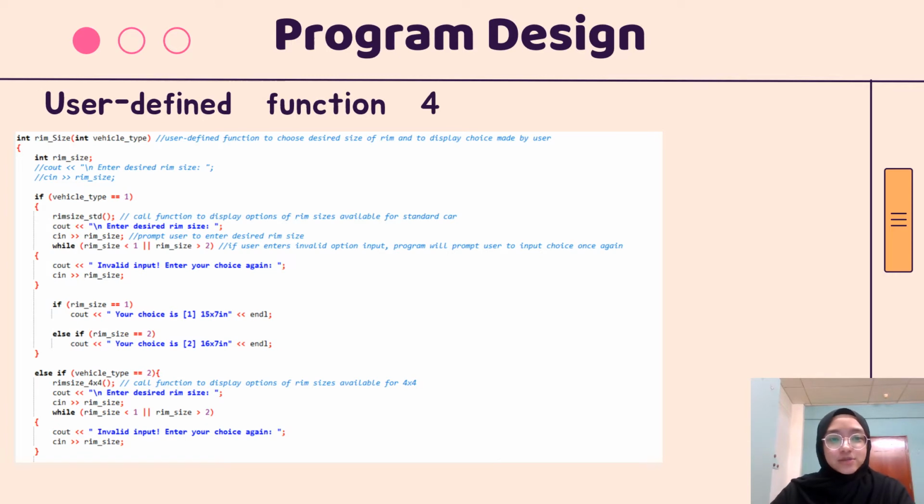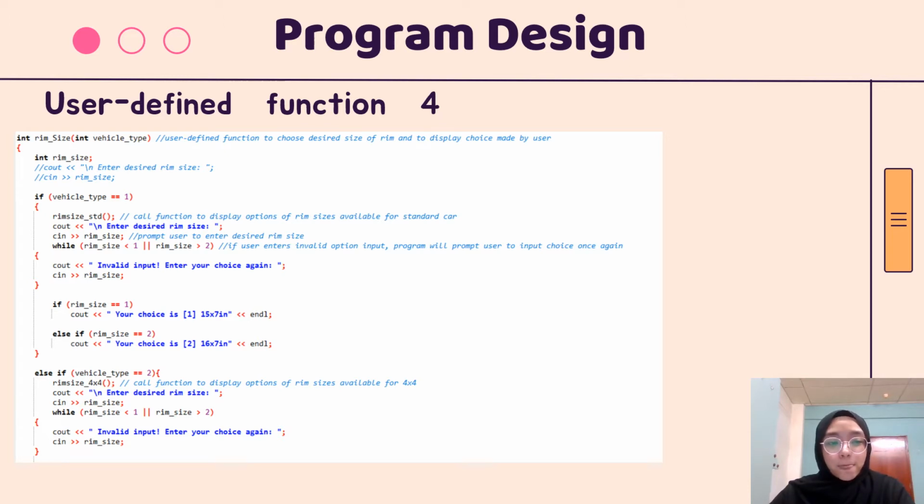The next one is a user-defined function named rim underscore size. This function will choose desired size of rim and then display the choices made by user. For example, if previously user has chosen vehicle type 1, which is standard car, the function to display options of rim sizes available for standard car will be called so that the options will be displayed, and then the program will prompt user to enter the desired rim size.